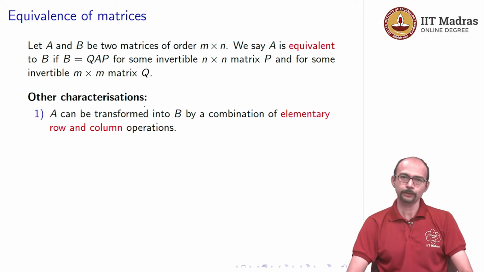The other way of viewing this is by doing our good old row and column operations. If you can perform a series of row operations on A and then a series of column operations on A, so that you can then obtain B, then we will say that A is equivalent to B. You take all the column operations on the right, so you get P, and you take all the row operations on the left, and that is how you get Q, by multiplying successively.